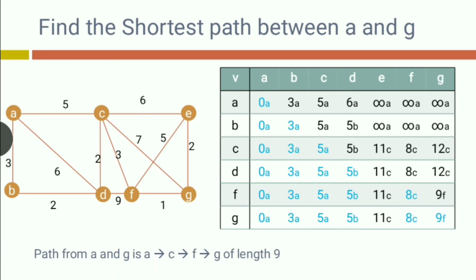If you want to know the shortest path between E and A, it will be from E to C, and then from C to A. So it will be of distance 11. If you want to know for D, from D to B, then from B to A. So this is of 5. Similarly you can find for all other vertices.